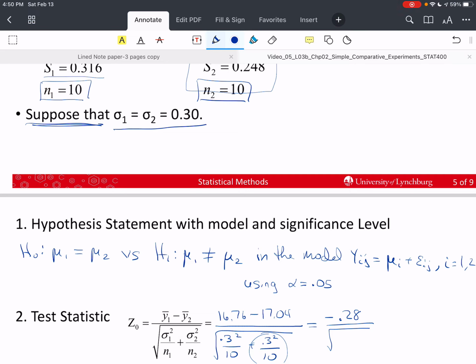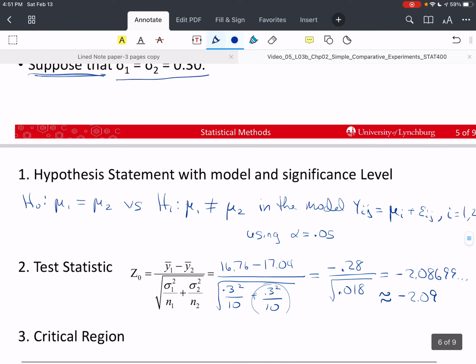So we have 0.3 squared times 2 divided by 10 equals 0.018, and so we have negative 0.28 divided by the square root of 0.018, and we get negative 2.08699. Okay, and so for a z table, we're going to say negative 2.09. And this is the value of our test statistic.